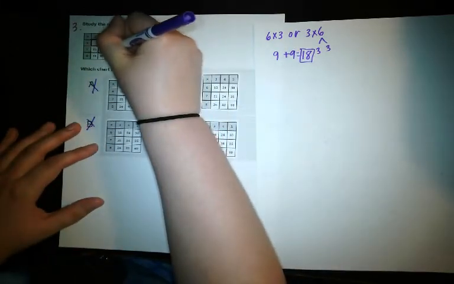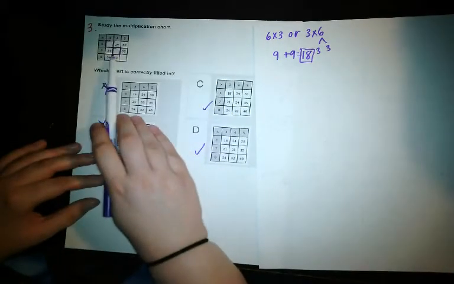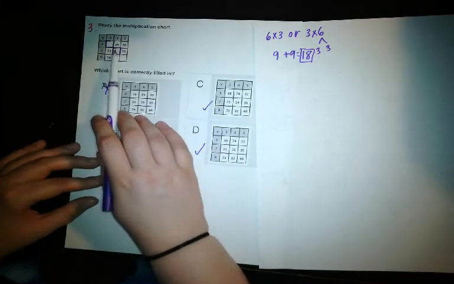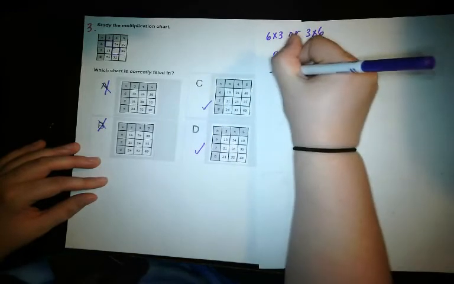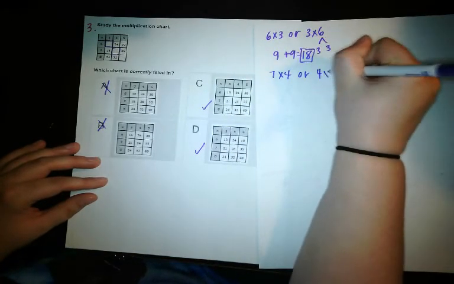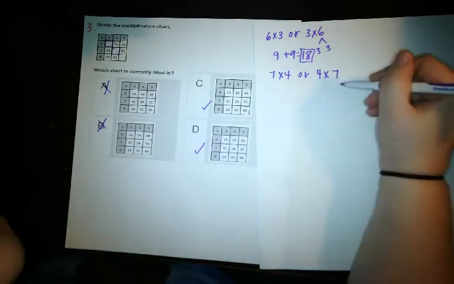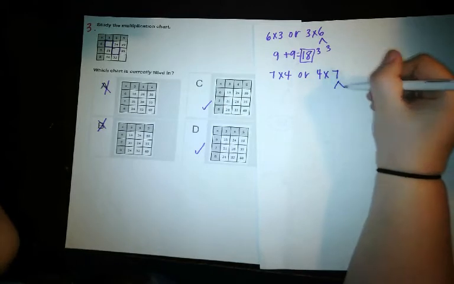Next blank. To find this one, we need to go over, it's 7, and up 4. So we can find 7 times 4 or 4 times 7. Well, we don't know what 4 times 7 is. Let's break it apart. 3 and 4.